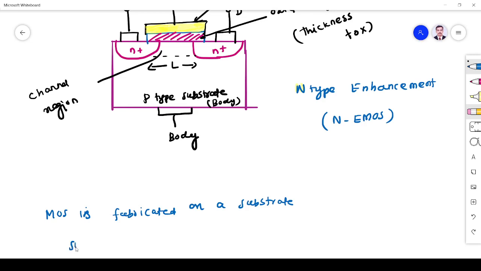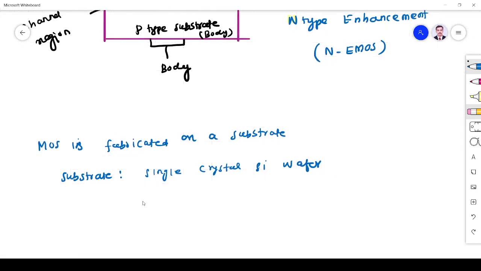A substrate is nothing but a single crystal silicon wafer, and its purpose is it provides physical support for the device.